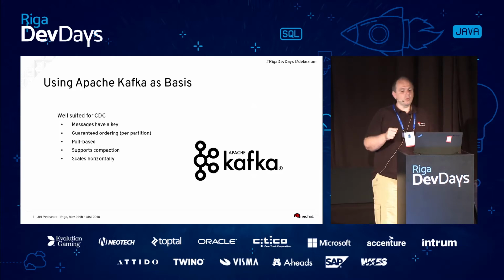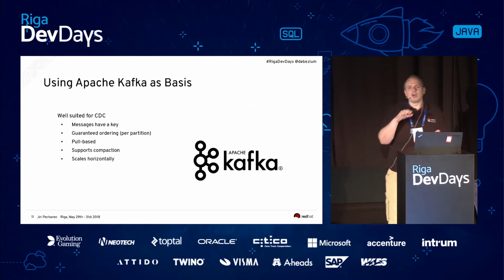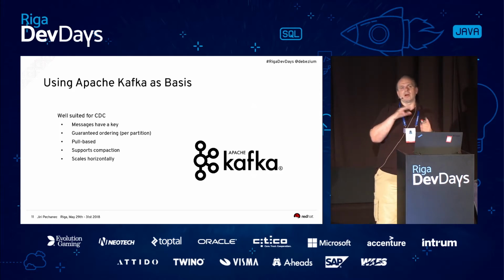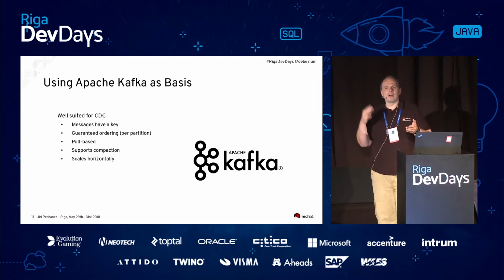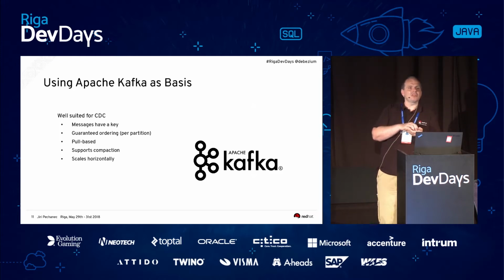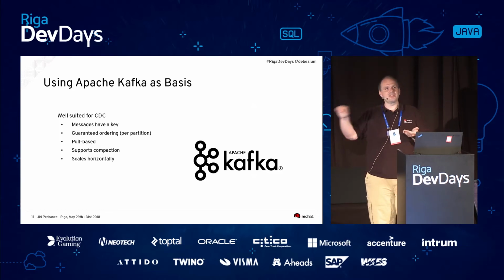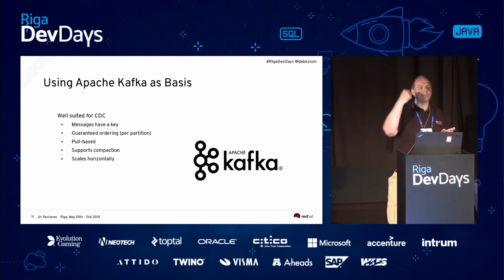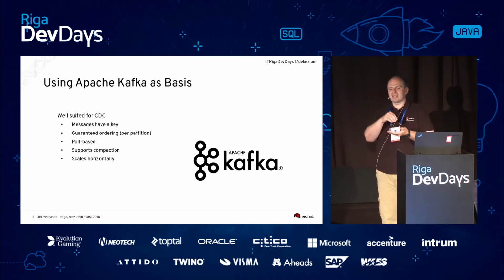Also, what is quite interesting is that Kafka supports compaction. I don't know how many of you are aware of all Kafka functionality, but compaction is a very useful feature in case you are using Kafka not only as a message bus, but also as a storage. What is compaction?